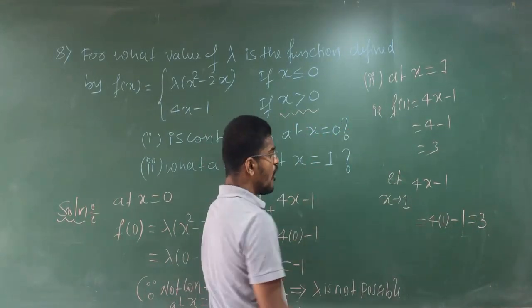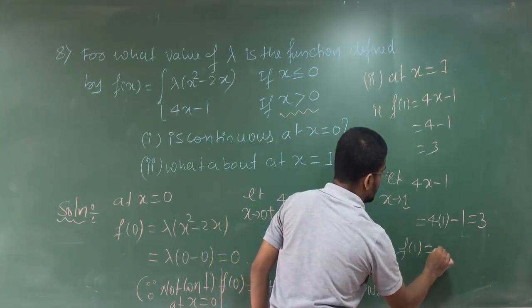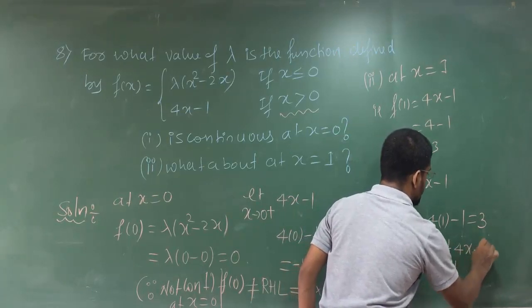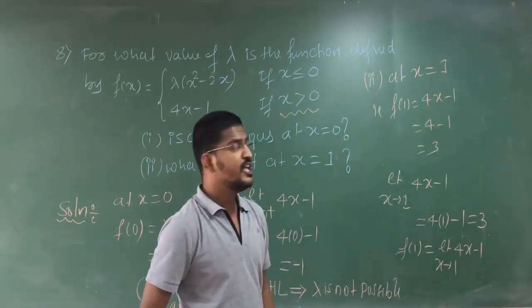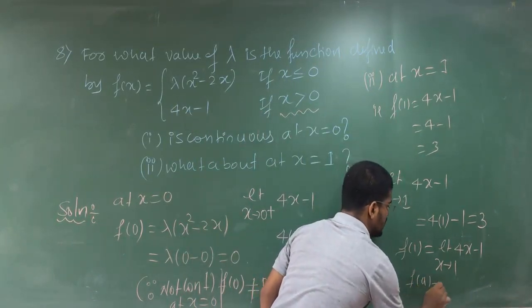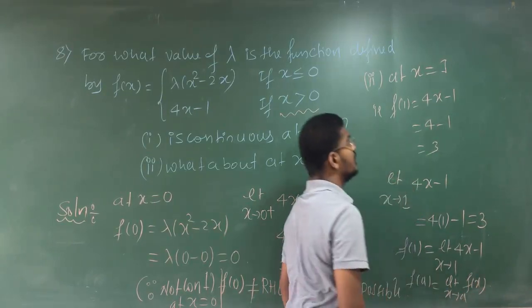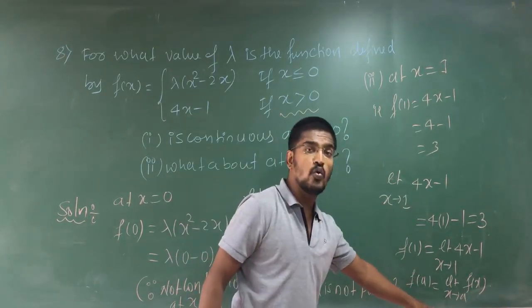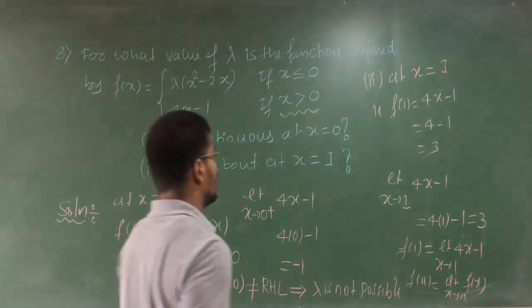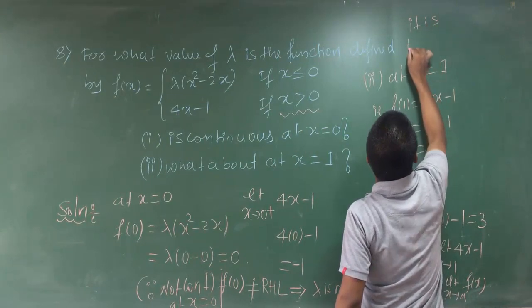See, f of 1 equals the limit as x tends to 1 of 4x minus 1. Clear? That means f of a is equal to the limit as x tends to a of f of x. So if this is true, then what can you say? It is continuous.